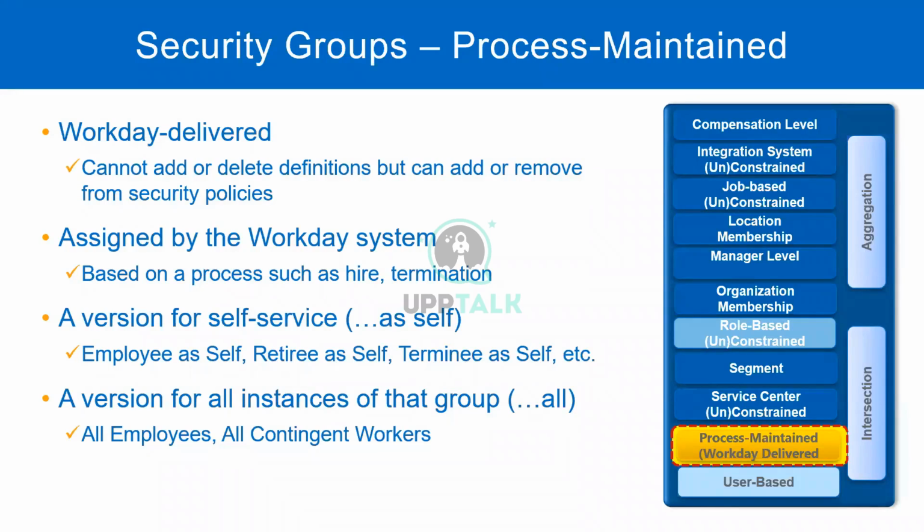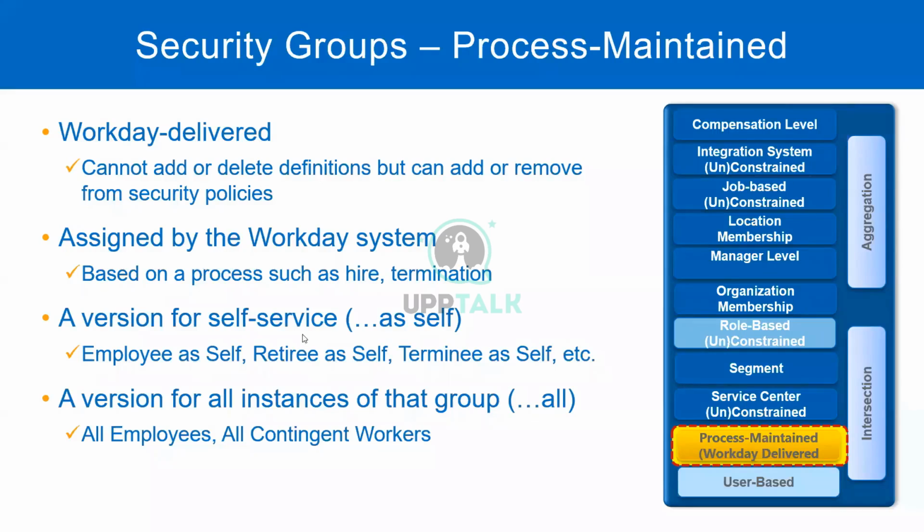Now, like you said, the domain security policy permissions talk about access to the data objects and to the reports or tasks. And it gives you what kind of access? View or modify. And we also have get or put for integrations.